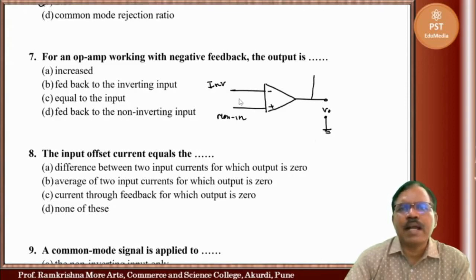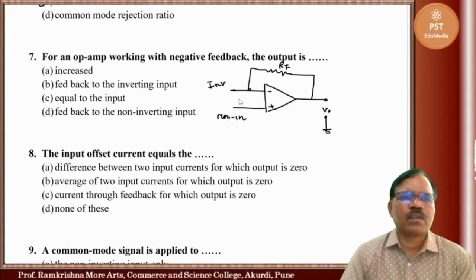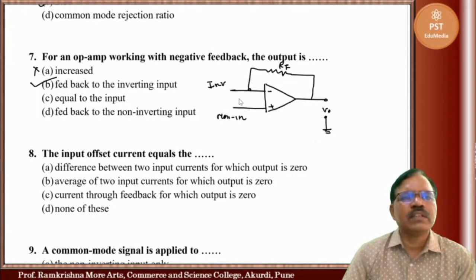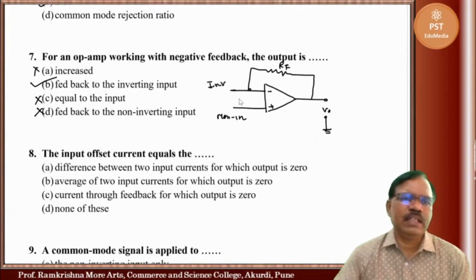We feed back output to inverting terminal through some resistance or through some circuit. So for an op-amp working with negative feedback, the output is increased, no. Fed back to the inverting input is equal to the input, no. Fed back to the non-inverting terminal, no. So it is fed back to the inverting input.